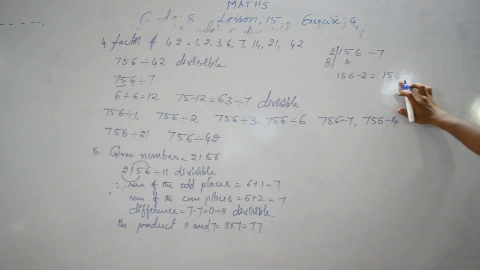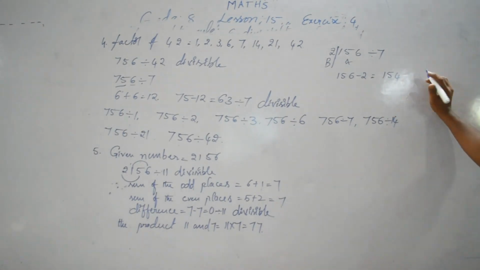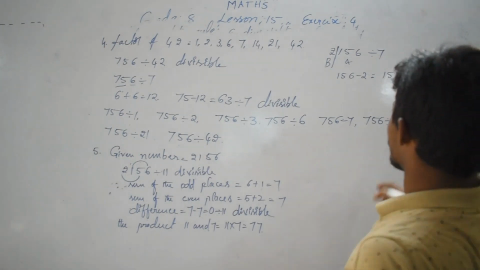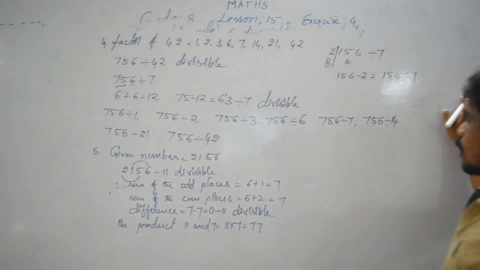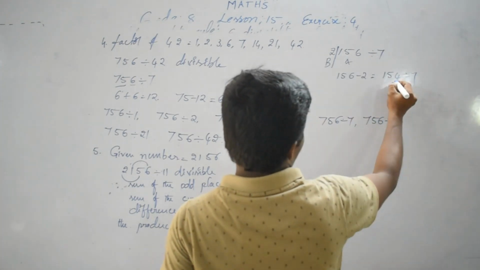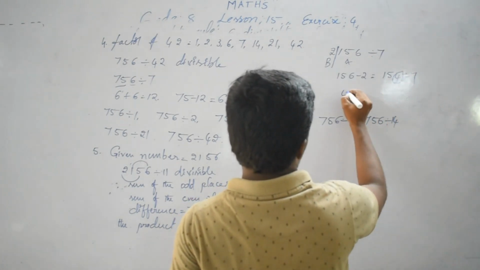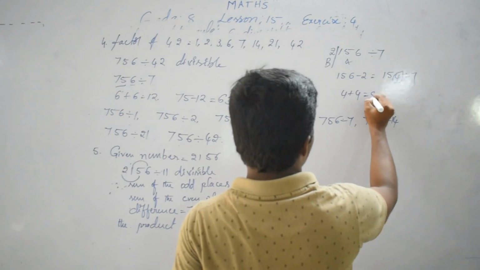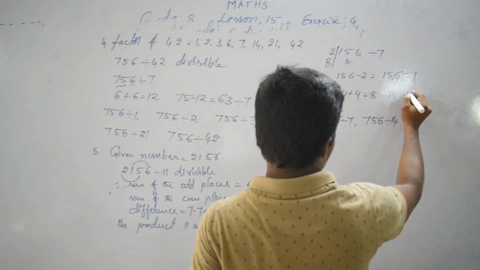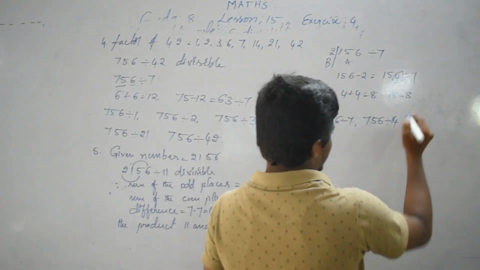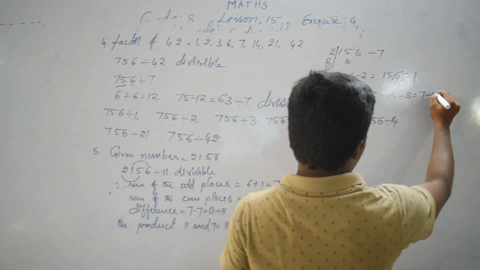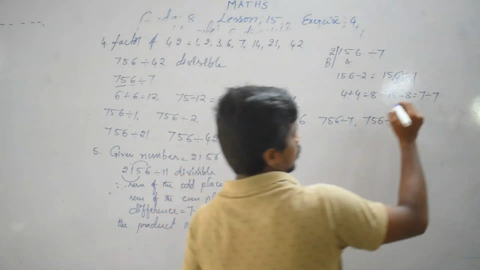So 154 divided by 7. So here what? Ones place 4 plus 4, 8. So 15, the rest of the number, minus 8. 15 minus 8, 7. 7 divided by 7, divisible.